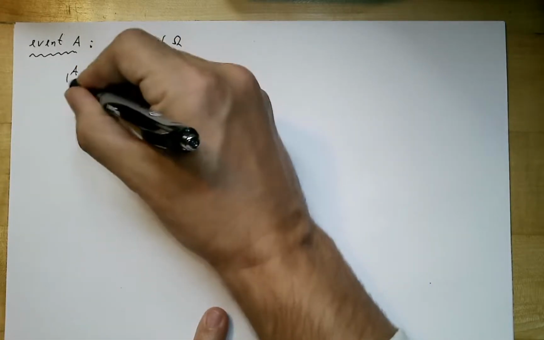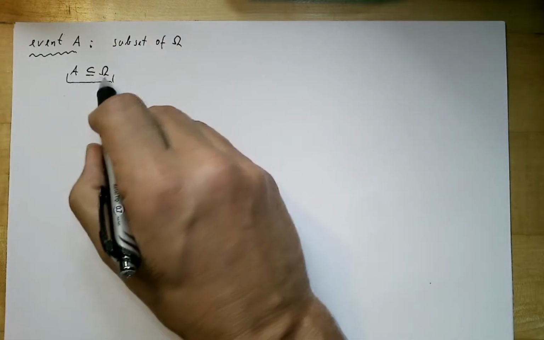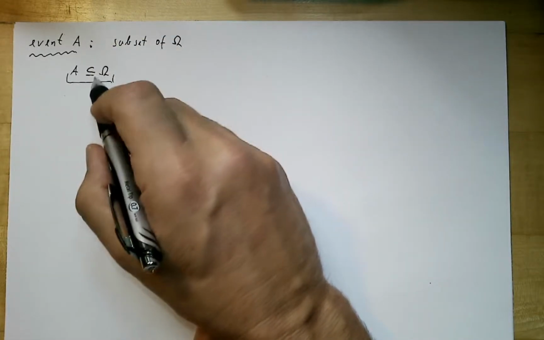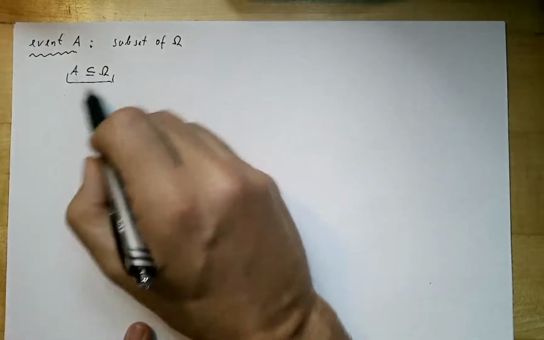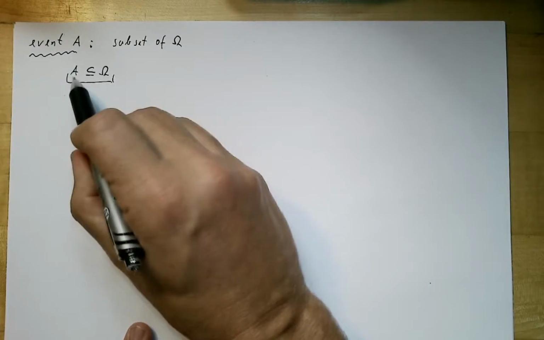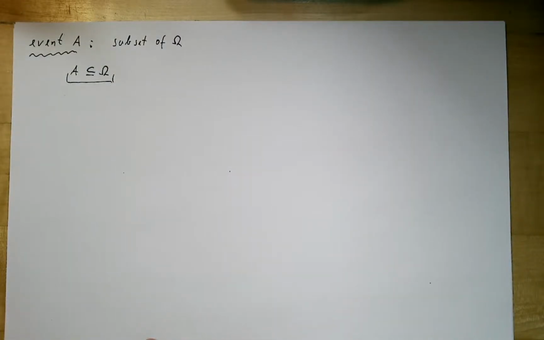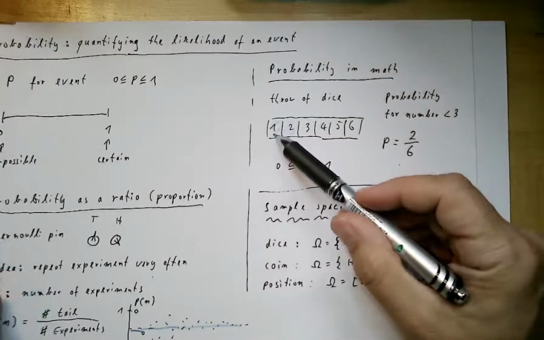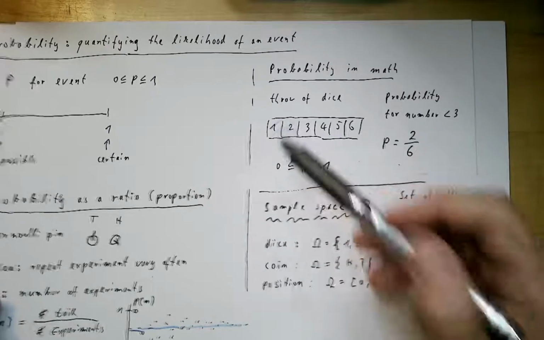And formally we write this like this: A, the event, is a subset of omega. And we can even go further and say every possible subset of omega is a possible event. In the example of our dice, the event was the set of the numbers 1 and 2.